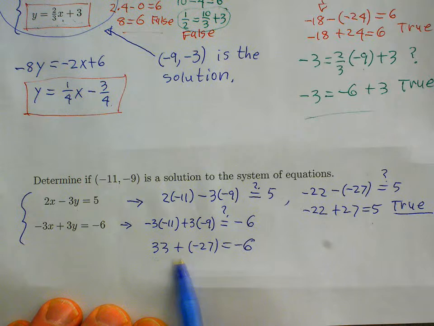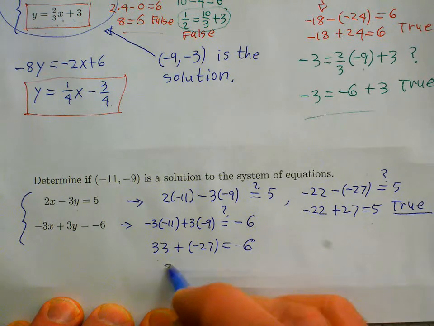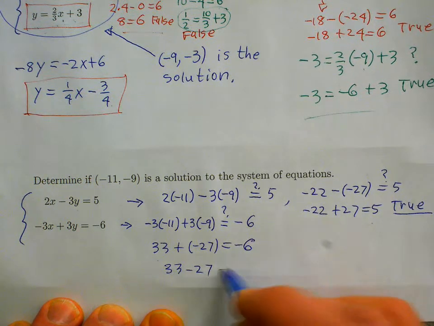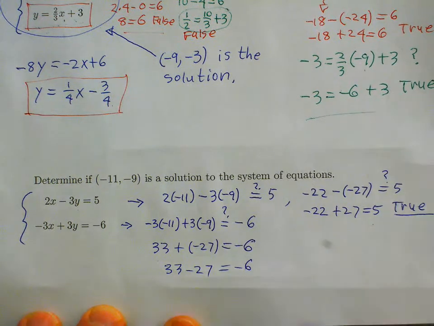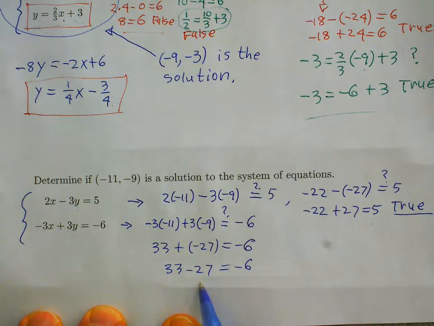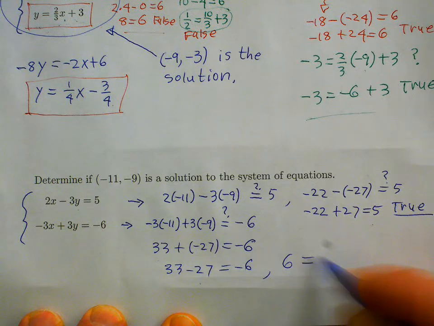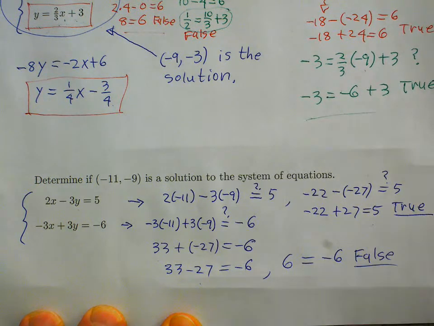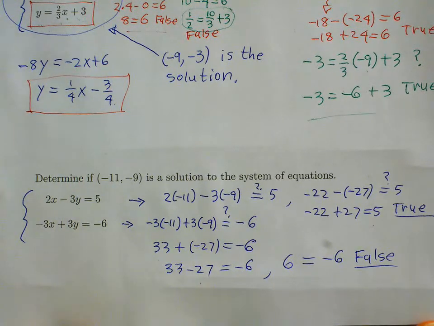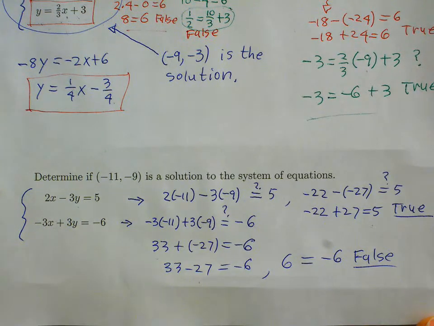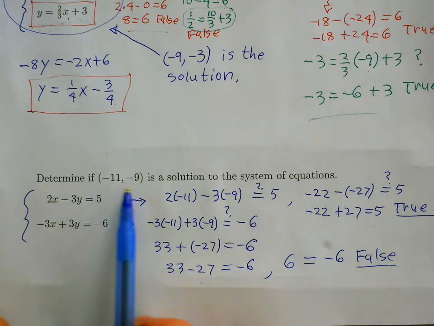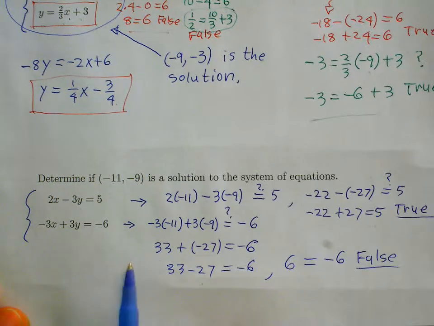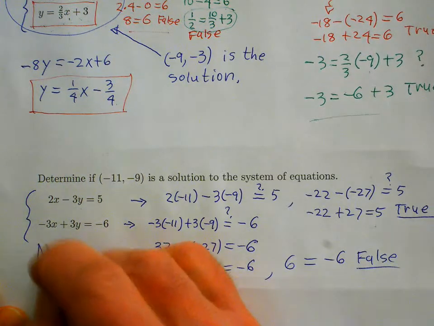So 33 plus negative 27, that's 33 minus 27. But 33 minus 27 is 6. 6 equals negative 6 is false. Okay, so negative 11, negative 9 is not a solution. So the answer is no.